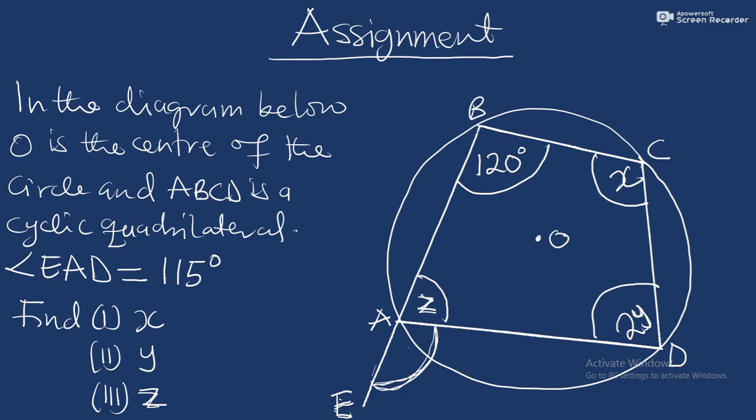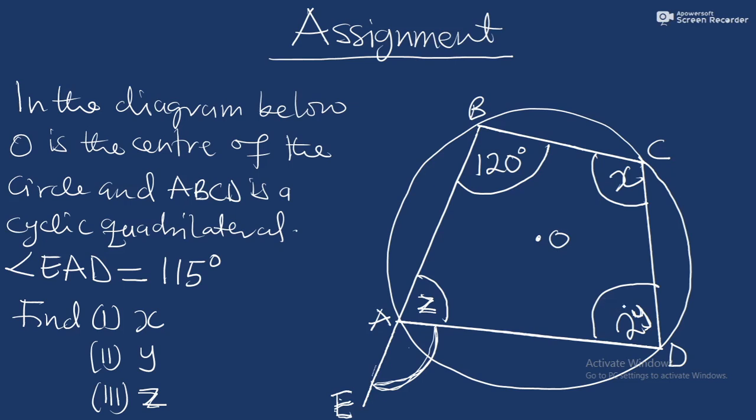And the second one, we have to find y. Now looking at the diagram again, it's a cyclic quadrilateral, and this 2y is an angle opposite to this 120 degrees. We said that in a cyclic quadrilateral, opposite angles are supplementary, meaning they add up to 180 degrees.